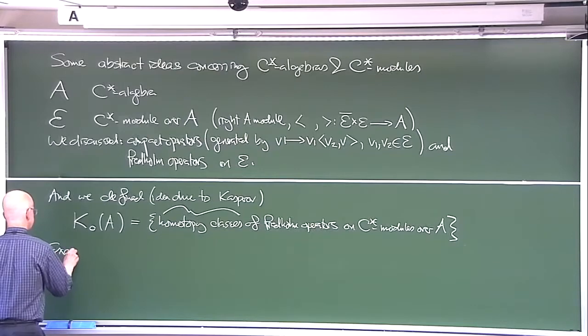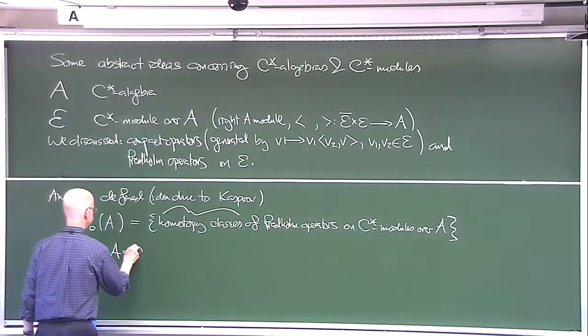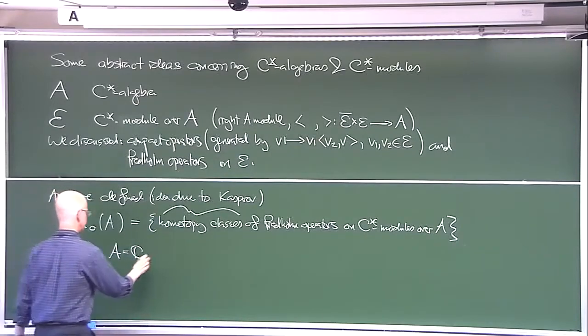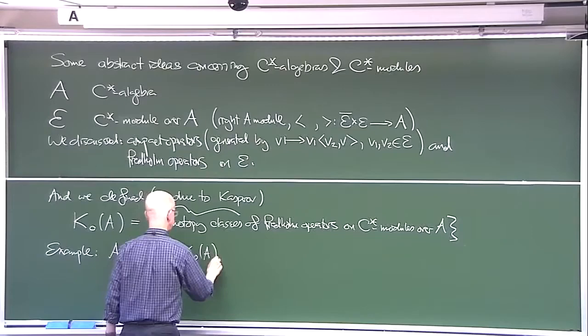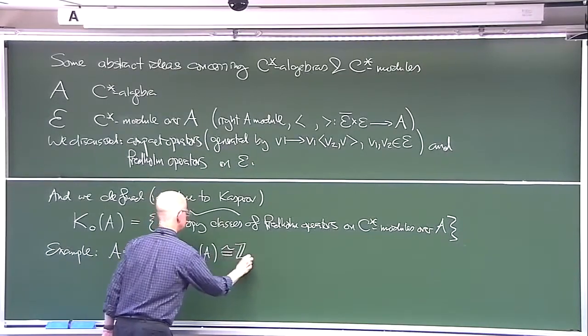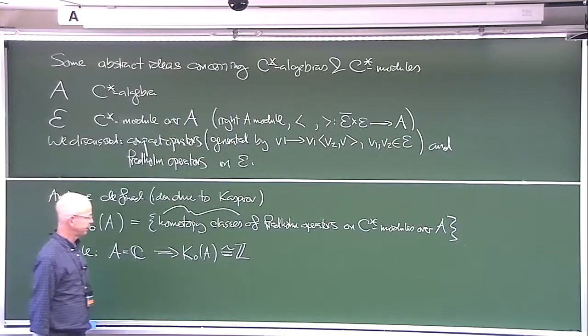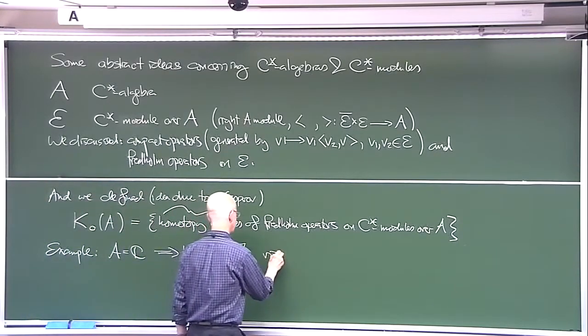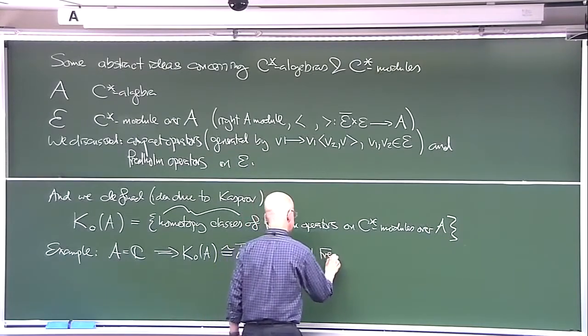So let's study this in a bit more detail now. But if A is the complex numbers, then one thing we can say is that K0 of A is just the integers via, this isomorphism is via the usual Fredholm index.